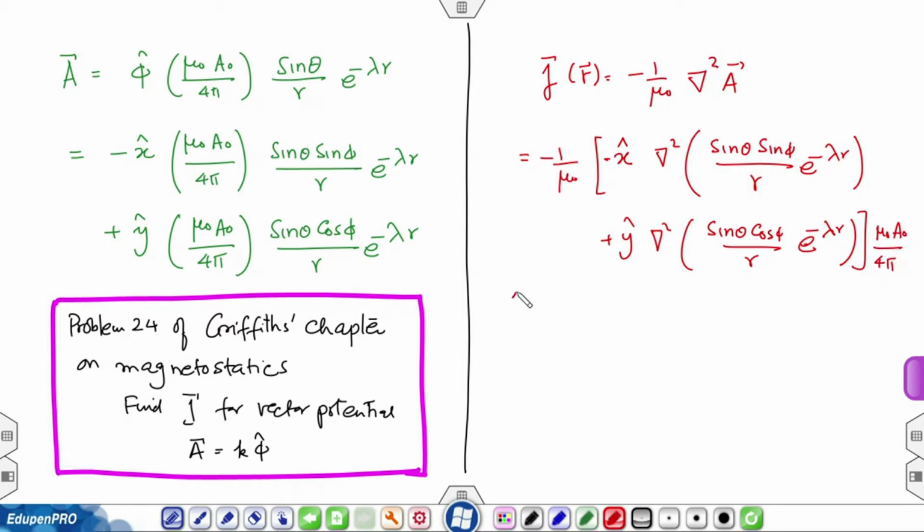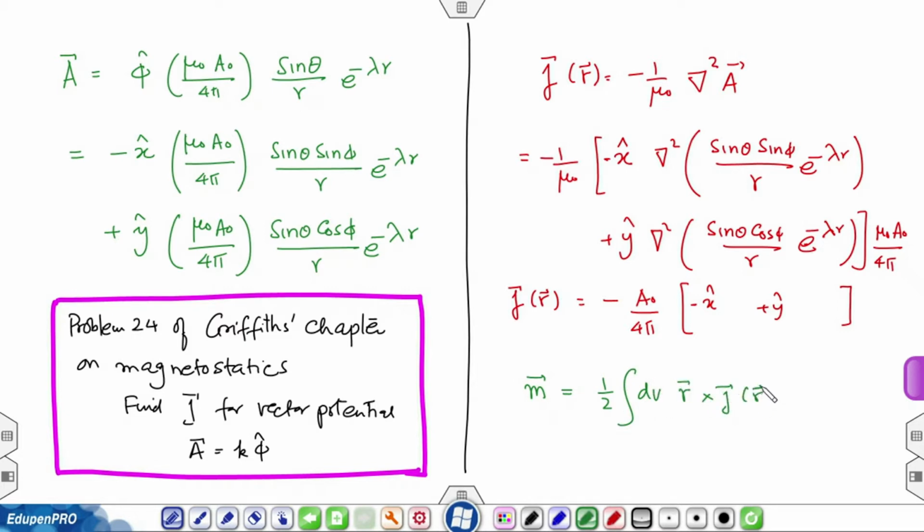So, I get J(r) equals minus A 0 over 4 pi and this whole thing, x and y and rest of the expressions. And after this, the magnetic moment of the current distribution will be given as 1/2 integral over the entire volume r cross J(r). I leave the rest of the problem for you.